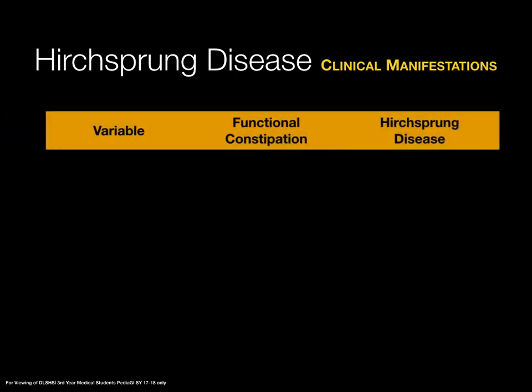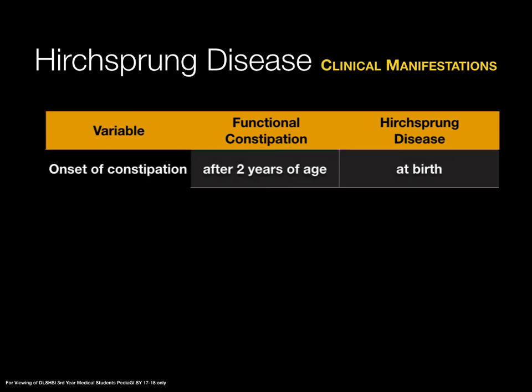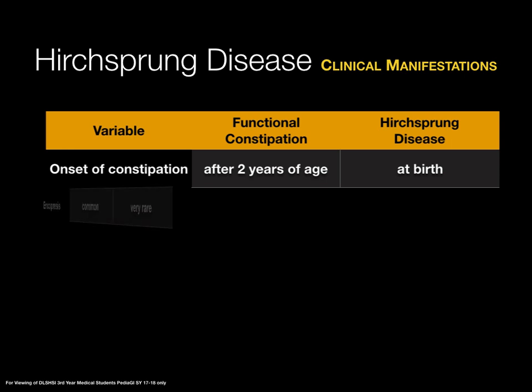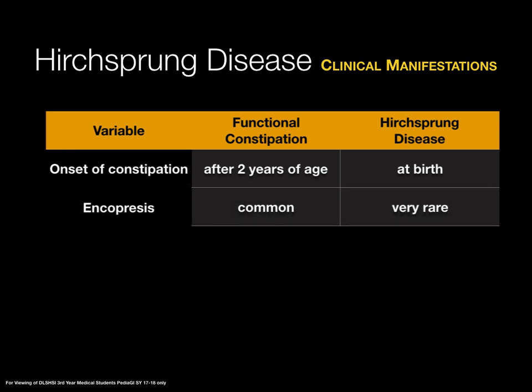In the symptomatology, for functional constipation, the onset is usually after 2 years of age, whereas for Hirschsprung disease, it is usually at birth. Encopresis is common in functional constipation, but very rare in Hirschsprung disease.